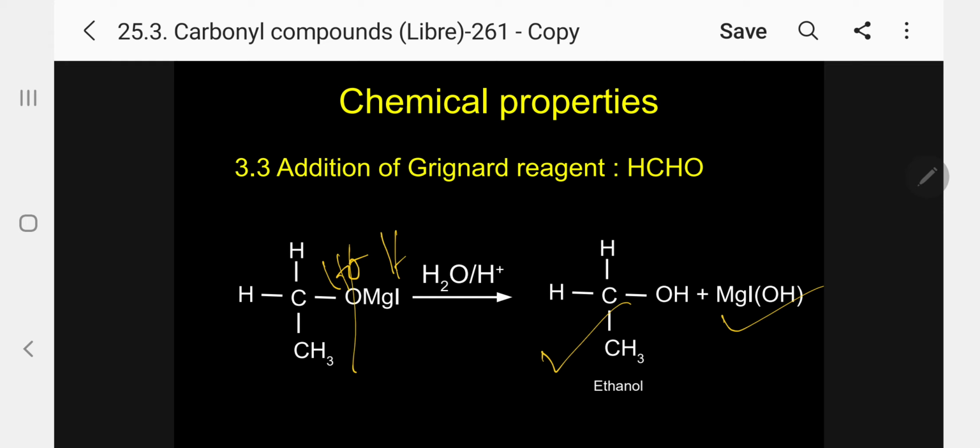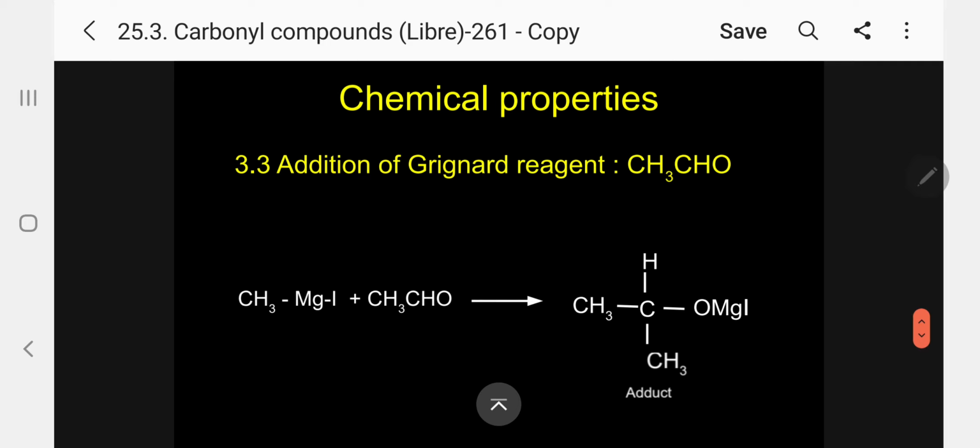Generally, formaldehyde gives primary alcohol. Any aldehyde other than formaldehyde gives secondary alcohol. Any ketone gives tertiary alcohol. So let me go for acetaldehyde. You can see secondary alcohol.